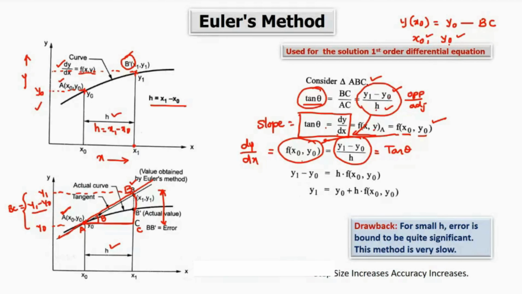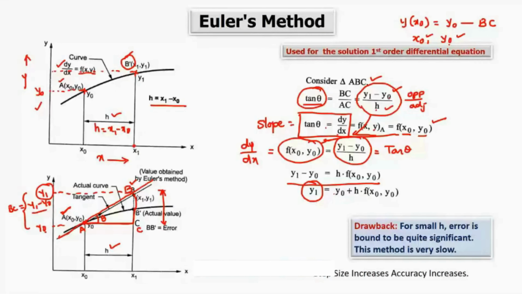Our intention is to find the new value y1 based on y0. Therefore you rearrange this equation, and finally we need it in terms of y1, because we would like to find this new value y1.